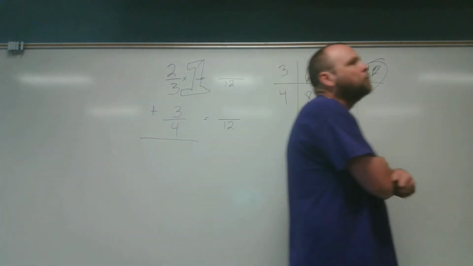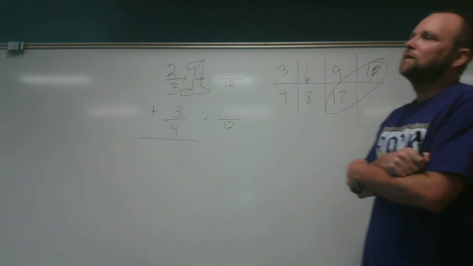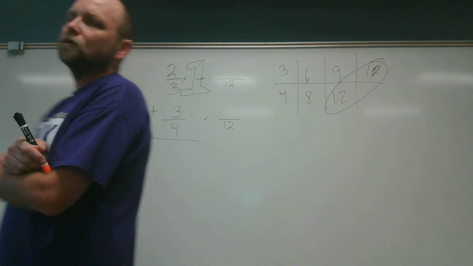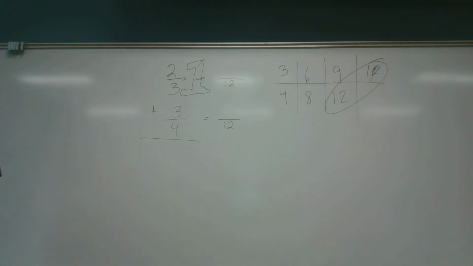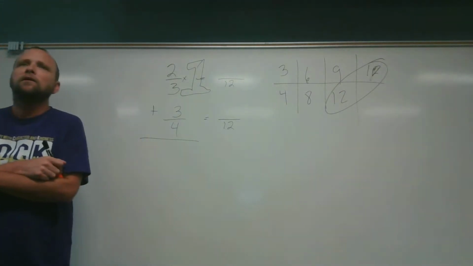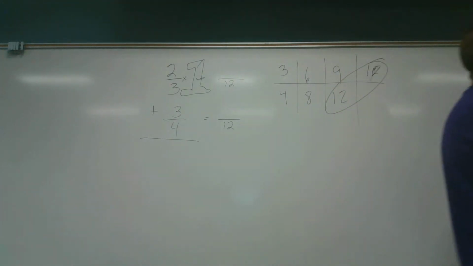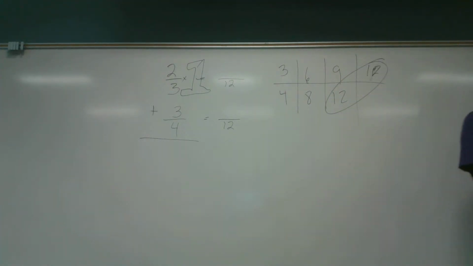Sahana, give me an example. 1,000 over 1,000. Jason? 40 over 40. Mason? 1 billion over 1 billion.